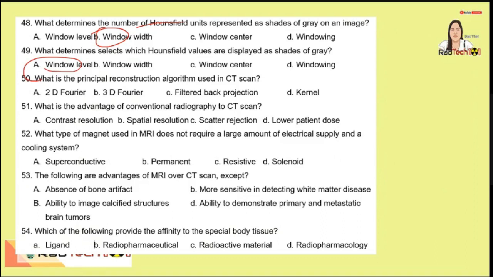So, ito, number of Hounsfield units as shades of gray is window width. Ito selects which Hounsfield values. So, window level. So, 50, what is the principal reconstruction algorithm used in CT scan? So, that is filtered back projection. Okay?